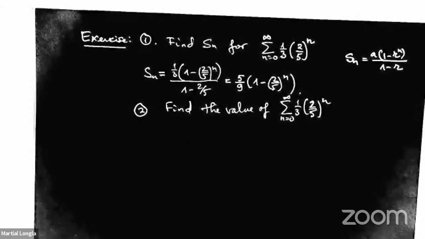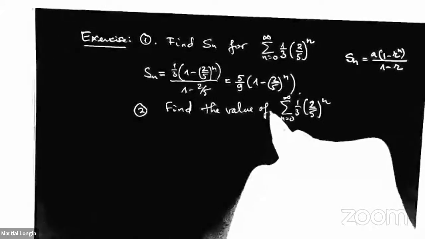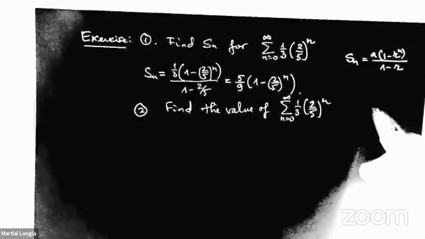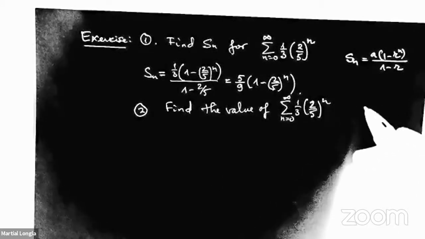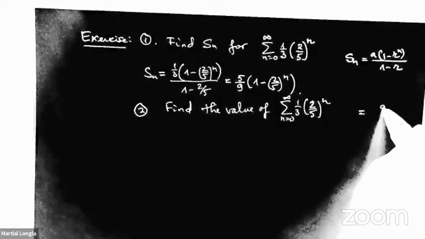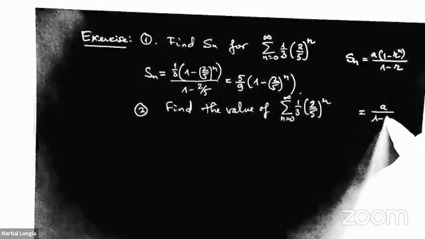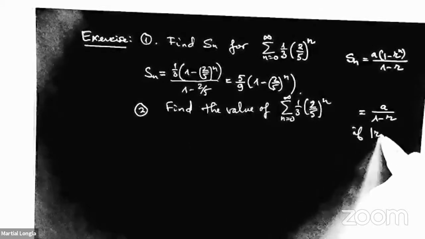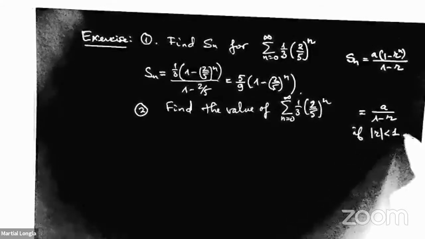Either find Sn or find the value of the sum. So in this case, we said the sum is equal to a over 1 minus r if the absolute value of r is less than 1.